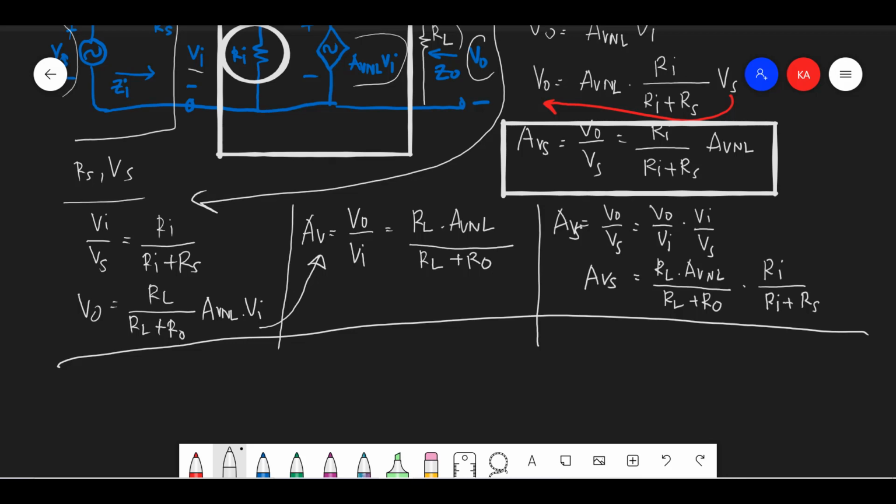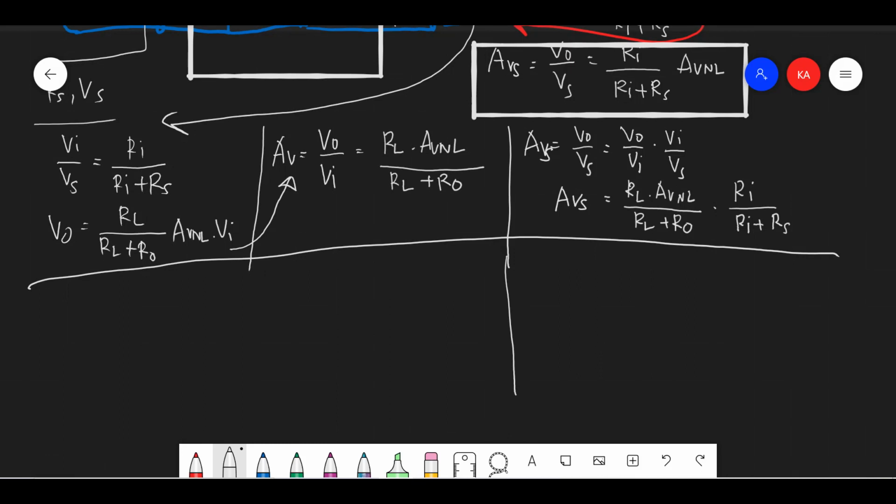For the current gain, AI is minus AV times Ri per RL, because Ii is Vi per Ri.